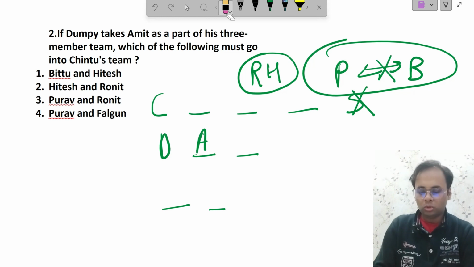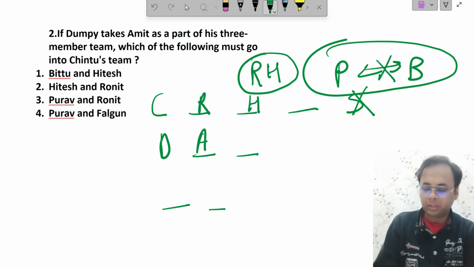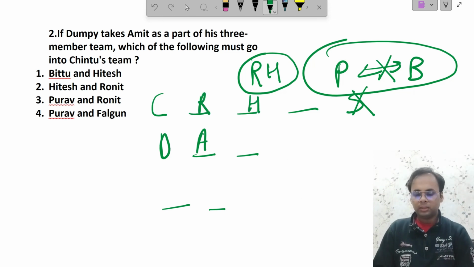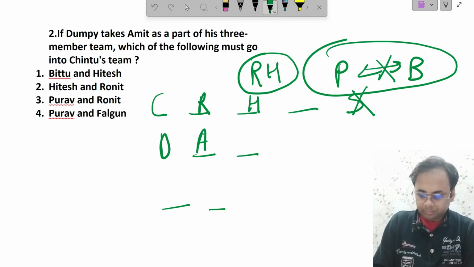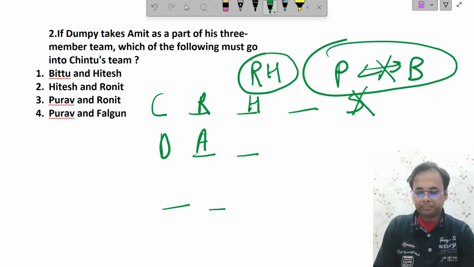So what to do? We have to place R and H in the first team, which is a four-member team. So R and H comes up here. Okay, then what is left? S, P and B. Okay, so P and B cannot come in the same team. So where can P and B be placed?